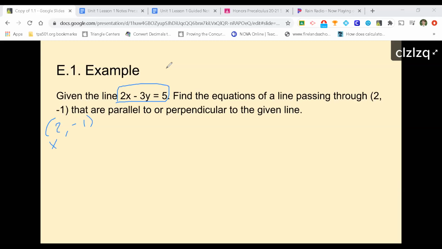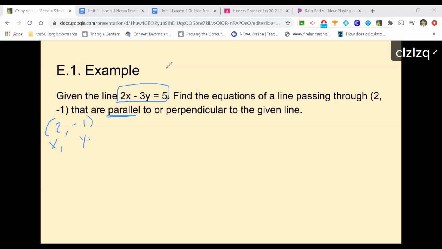You see my screen. That's the point. So I just need the slope. Let's do the parallel one first. I know if 2 lines are parallel, they have the same slope. So to find the slope, I need to find the slope of this original line.